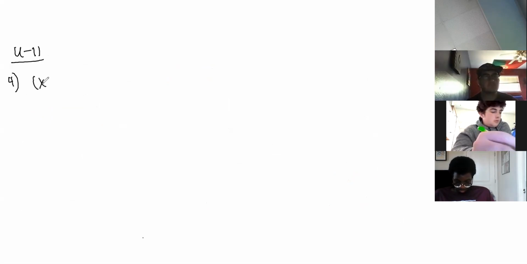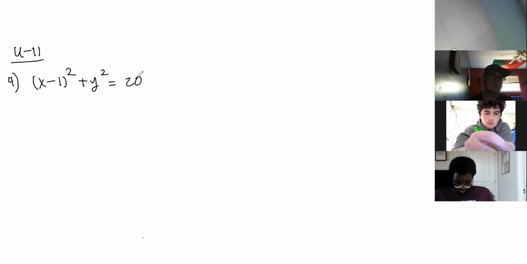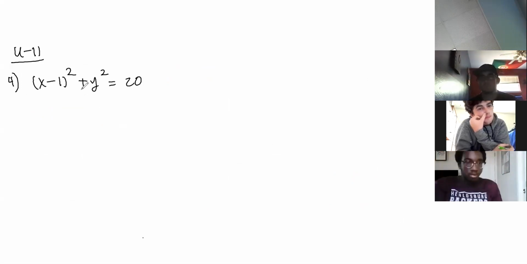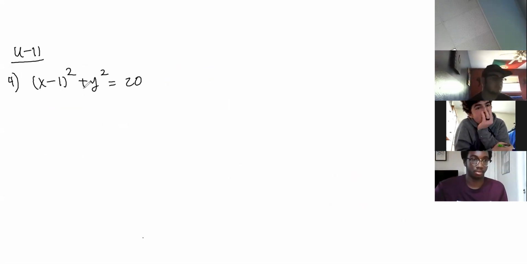That is x minus 1 quantity squared plus y squared equals 20. Okay, so there's 2 squares, so we know it is no longer a parabola. That leaves circle, ellipse, or hyperbola. I like to look for hyperbolas next because hyperbolas have a minus sign in between your 2 squares. Is there a minus sign here or a plus sign?